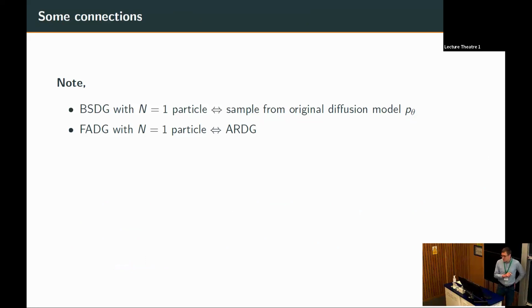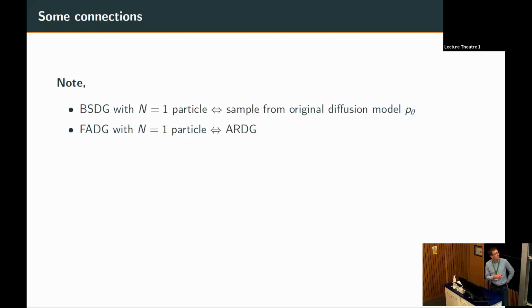Okay, so some final notes here: these SMC versions, even if I run them with a single particle, are expected to be hopefully quite okay, because they just reduce to simpler versions of the generative model.